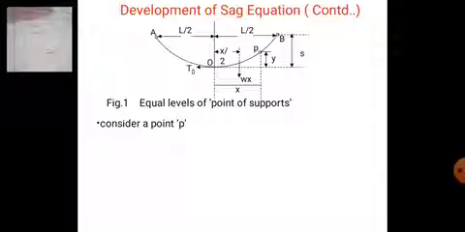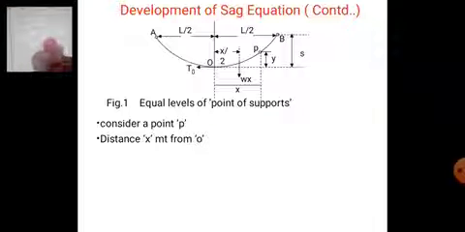Let us consider a point P on the curve OP. It is a small curvature, so obviously it can be taken as a straight line.